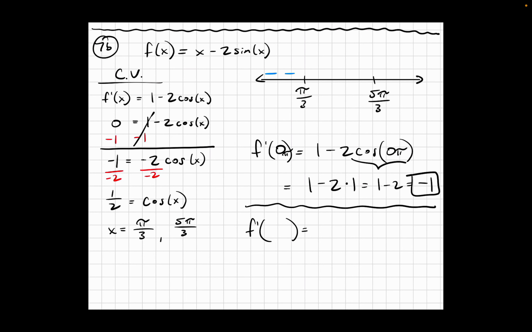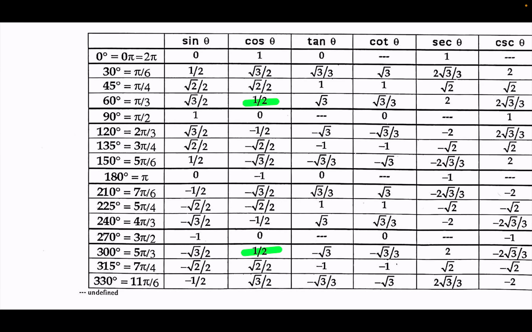Now I'm going to plug in something between pi over 3 and 5 pi over 3, so I'm going to go back to my table. Any of these will work. Preferably pick one where cosine is not something ugly: where cosine is 0, negative 1/2, positive 1/2, negative 1.